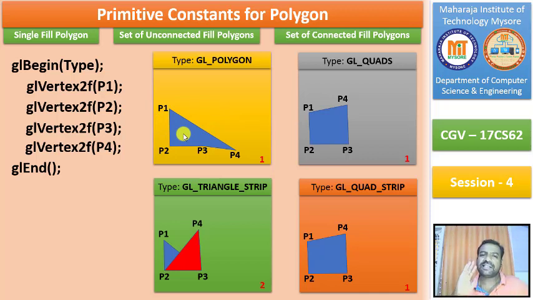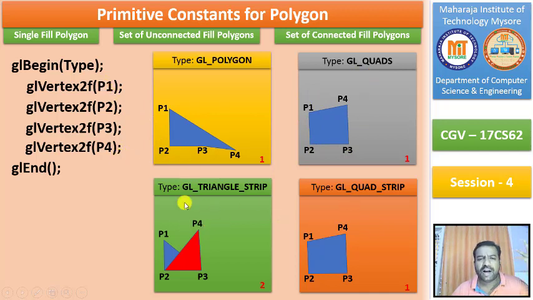Hence, just to keep the discussion simple, I have modified the positions. Irrespective of that, all of these are going to be the same position. Now observe, in the polygon I have got a quadrangle with the 4 points with a different structure due to different position, and with GL quads I'm going to have 1 quadrangle using the 4 points.